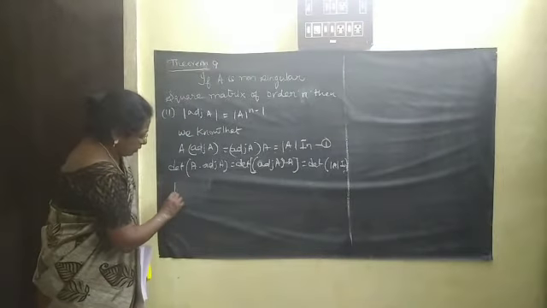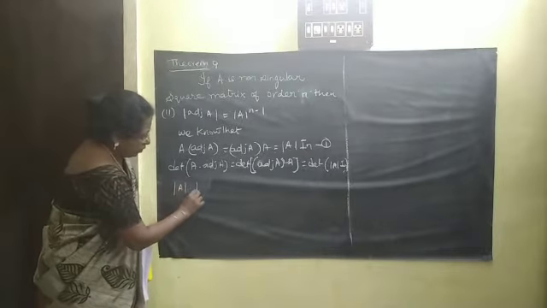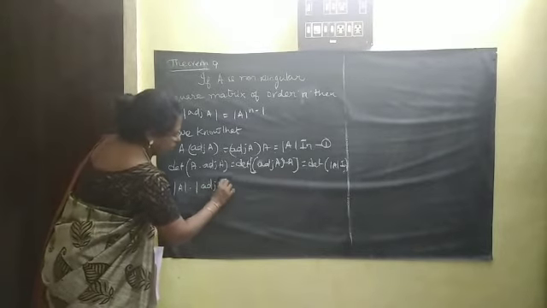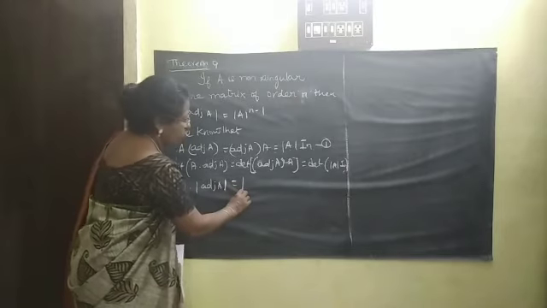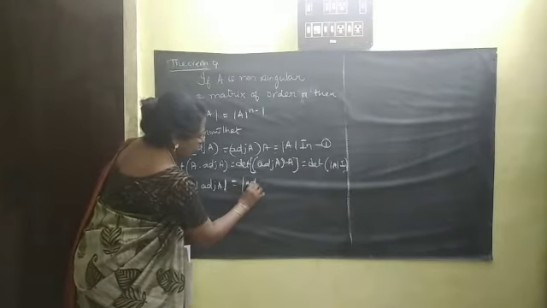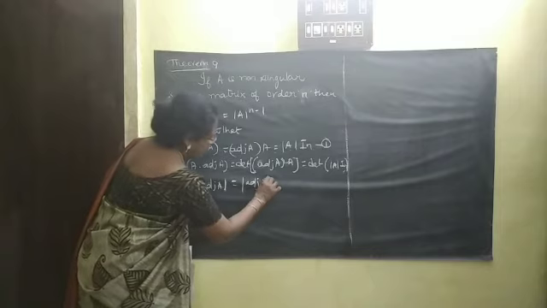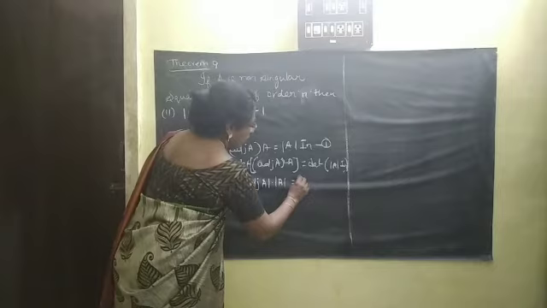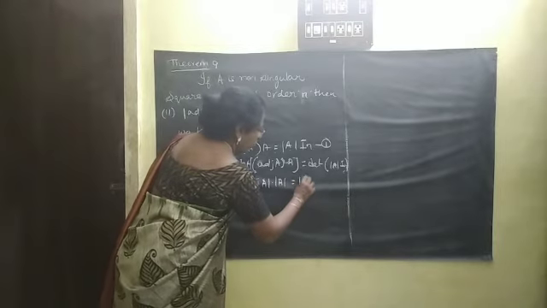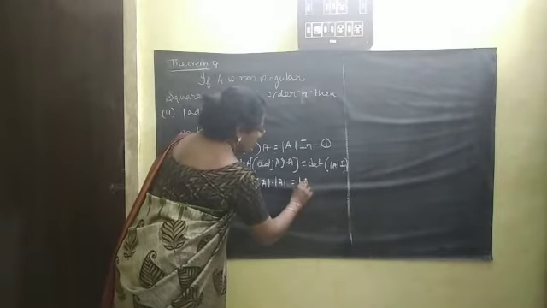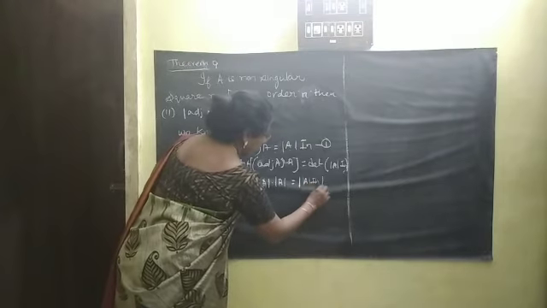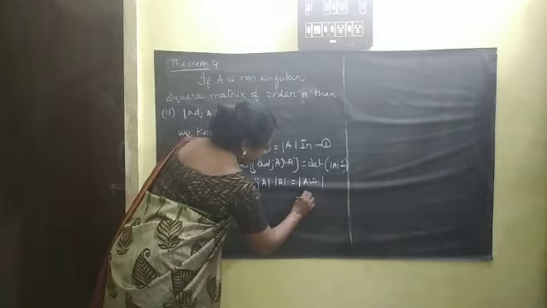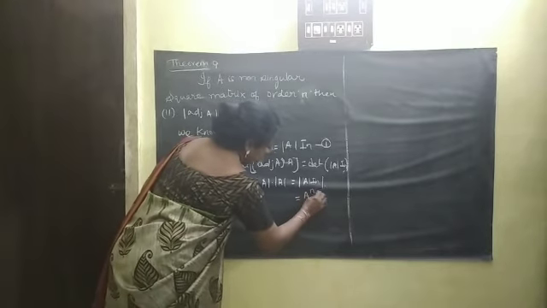is equal to determinant of determinant A into I power n. So this can be written as determinant of A into determinant of adjugate of A is equal to determinant of adjugate of A into determinant A is equal to determinant A power n.